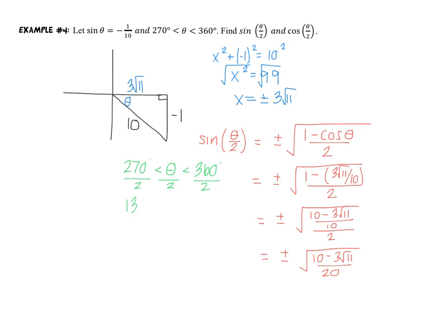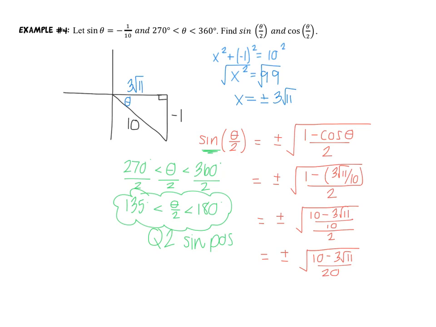Well, that gives me 135 and 180. So this is the restriction for the half angle. Well, notice that would be in quadrant 2. Quadrant 2, sine, because that's our trig function, is positive, right?